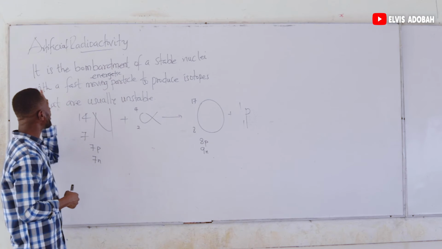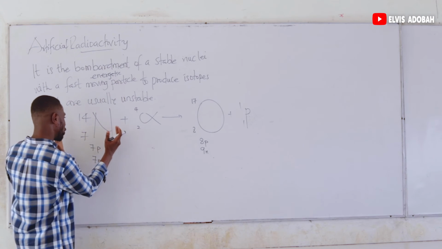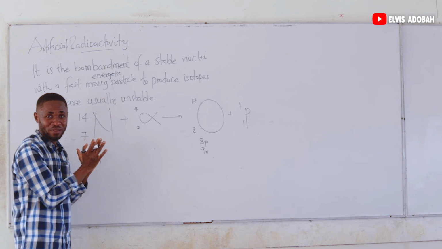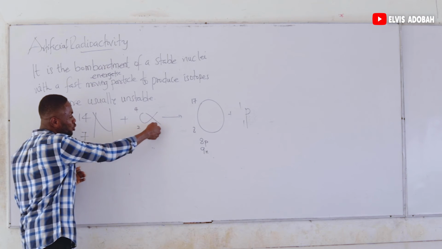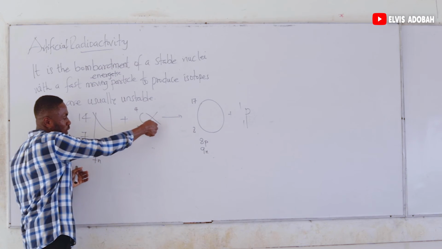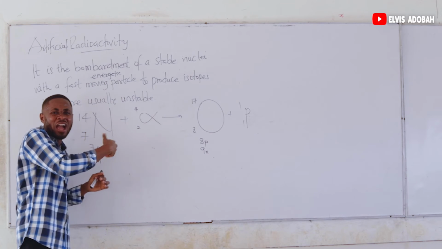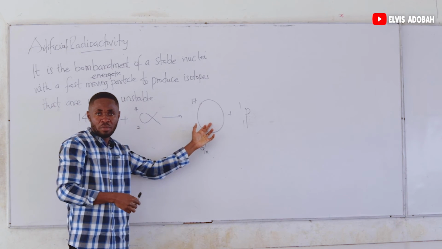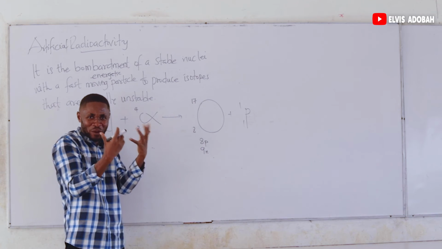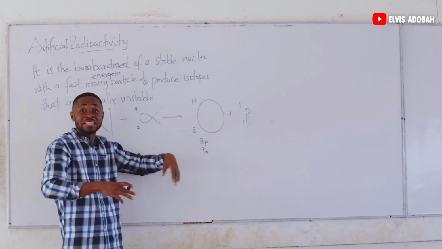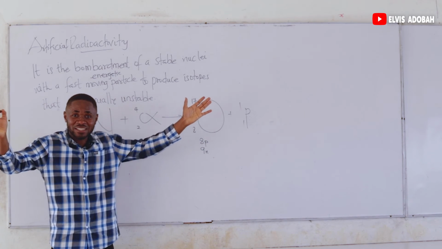So in artificial radioactivity, our isotope is very stable. Then we shoot a fast-moving particle through it to cause it to become angry by forming an unstable isotope, which will later decay to release energy and radiation.